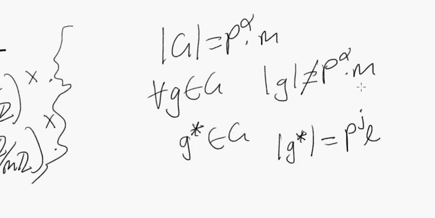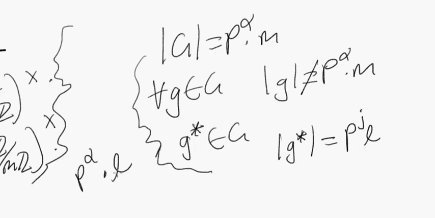We just ran out of time, but we'll try and pursue this idea of having the element with the largest order in the group, and see if maybe we could show that the element of the largest order has to be of the form p to the alpha times L. If we're looking for elements of the group of the form p to the alpha times L, what kind of elements are going to be candidates?